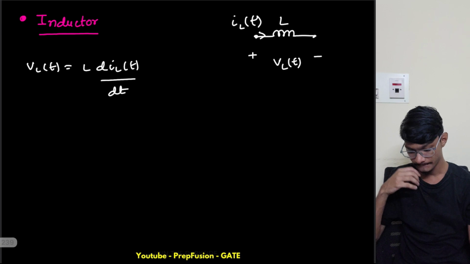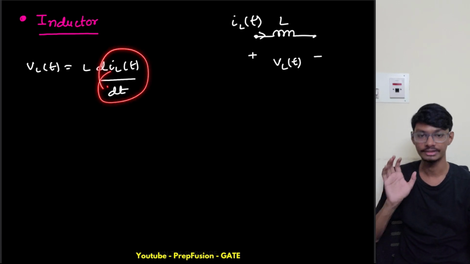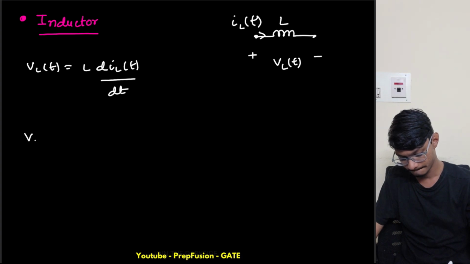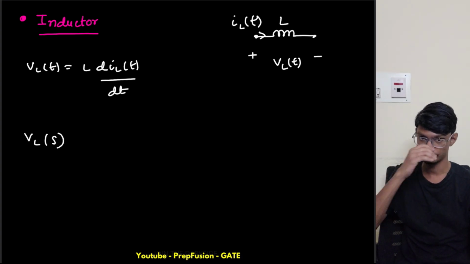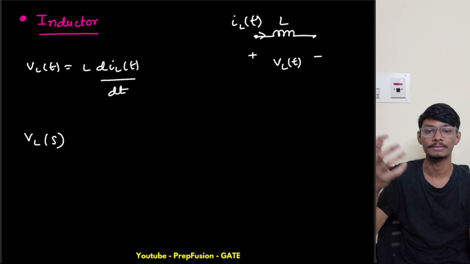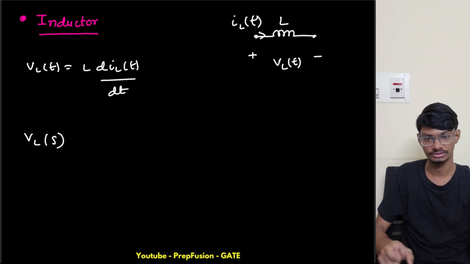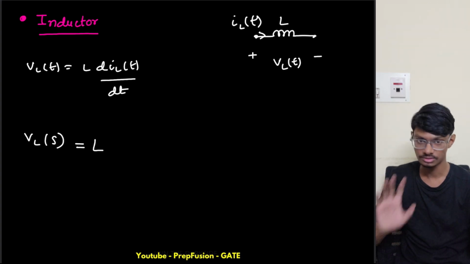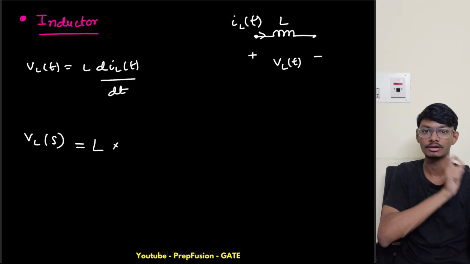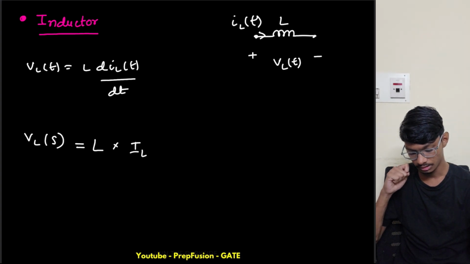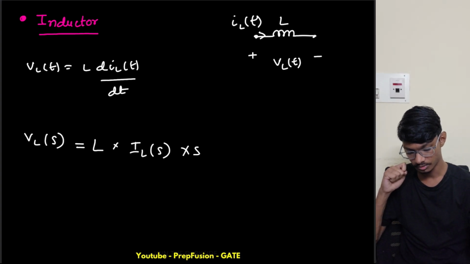Okay, so this is differentiation, right? So what will happen? It will simply be VL of S, because the Laplace transform of x of t is x of s, right? Then L is a constant, and dIL by dt will simply be IL of S times S, because S will be multiplied.